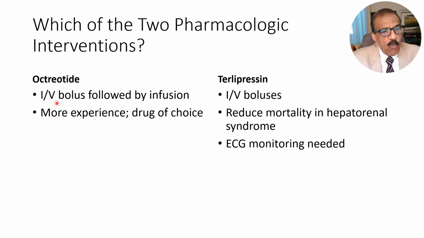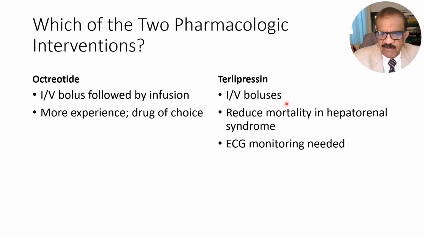We have more experience with octreotide because it has been available for a much longer time and we feel more comfortable, so I consider octreotide the drug of choice. But terlipressin has some advantages. It can be given as IV boluses. If the patient is less serious and you do not have a proper intensive care setting, maybe this has the attraction that you give it intravenously every 6 hours.